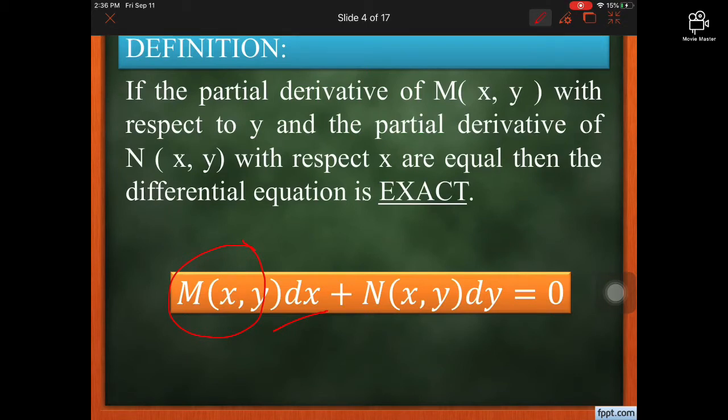While the function N also includes the variables x and y, but it is always the function with the dy. So it cannot be interchanged. Any function with dx is function M, and any function with dy is function N.